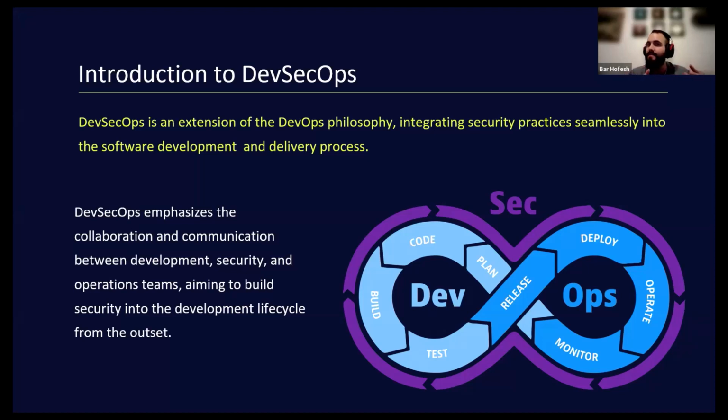All right, we wrote the code. Now let's scan it. Let's test it. Let's use static application security testing. Let's use SCA. Let's make sure that what we wrote is actually verified. We're building. All right, so this is container security, packages. We want to make sure that everything is fine.